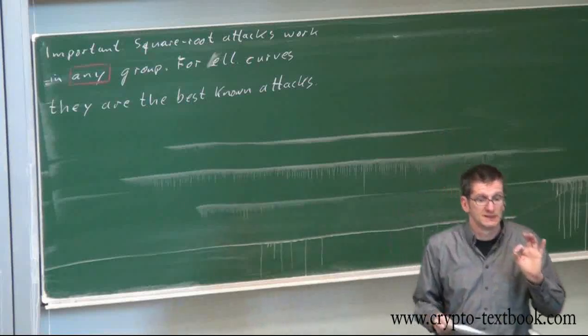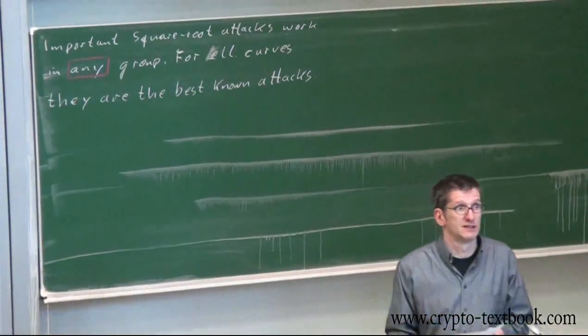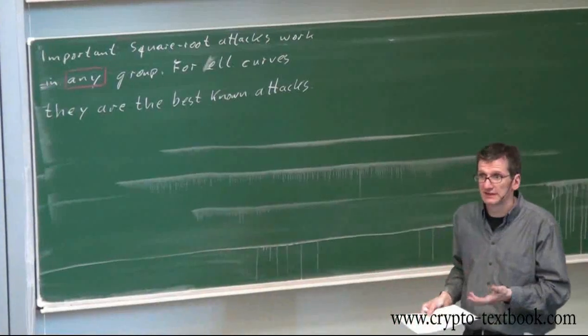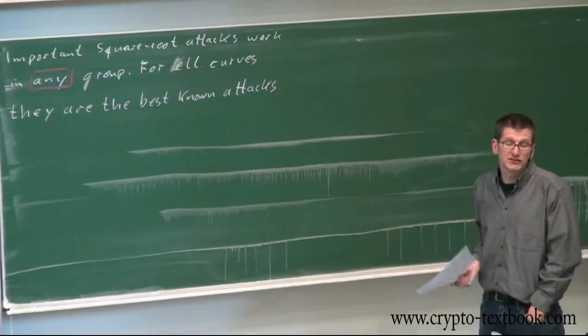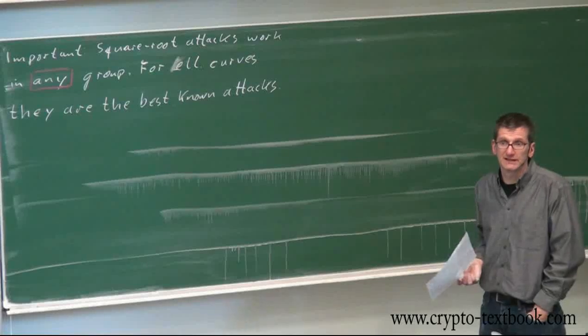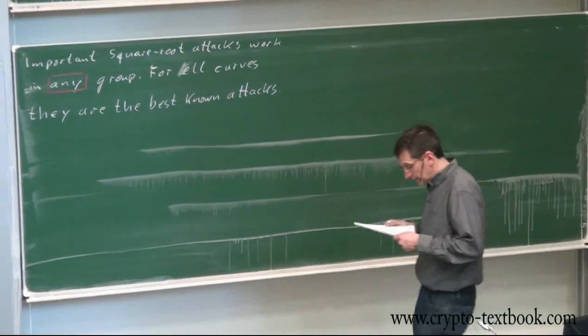Again, this is just factual knowledge. People don't usually say that clearly, and this is why the German national ID card, the Personalausweis, has elliptic curves in it, because these are the best attacks.